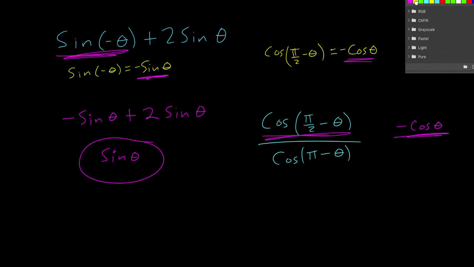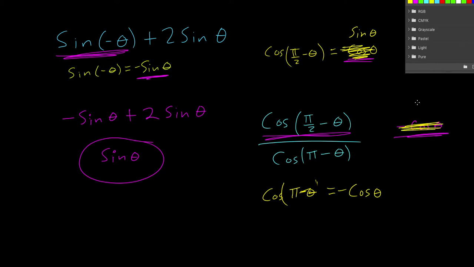Okay, and then another relevant one that we're going to do, we have cosine of pi minus theta is equal to negative cosine. Oh wait, I mixed these up. Sorry. That top one is actually supposed to be sine.